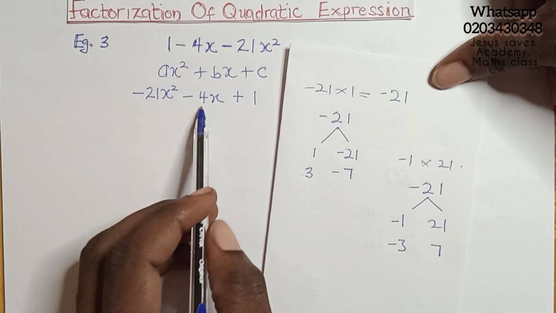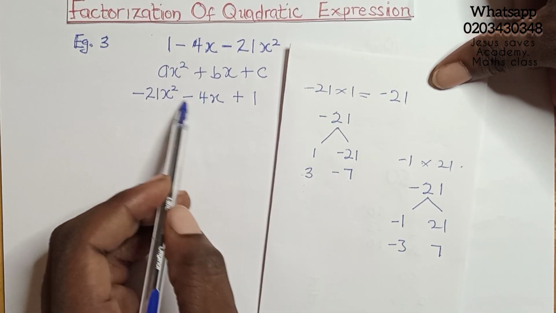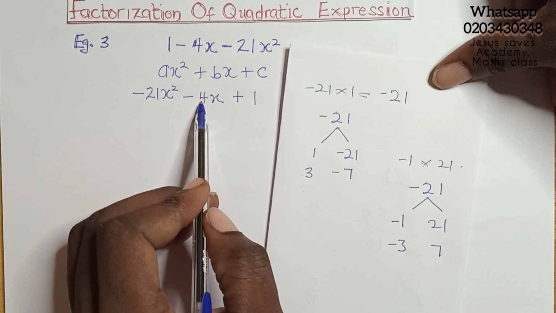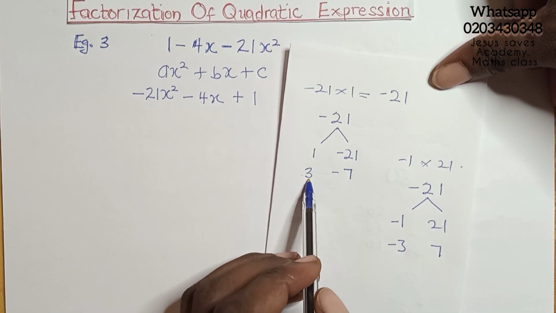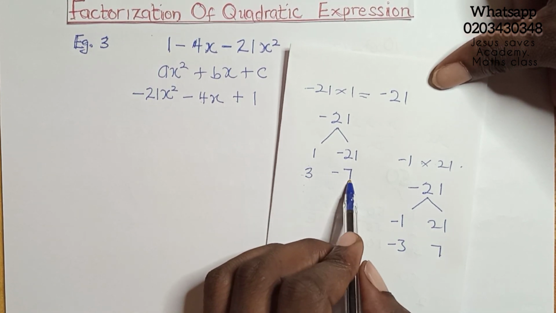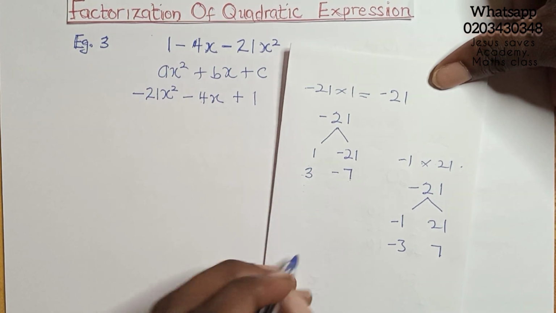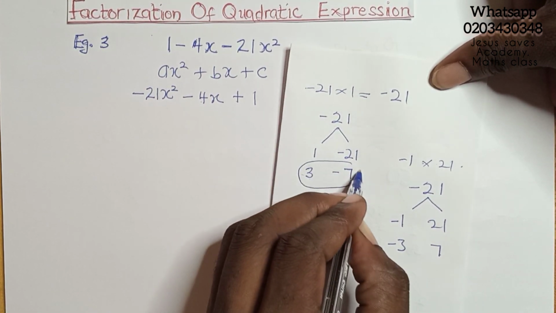We want the factors that, when we add them, give us negative 4. If you check, this and this will not give us that, but this and this, positive 3 plus negative 7, will give us negative 4. So these are the factors we use.